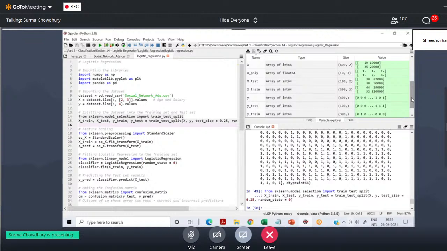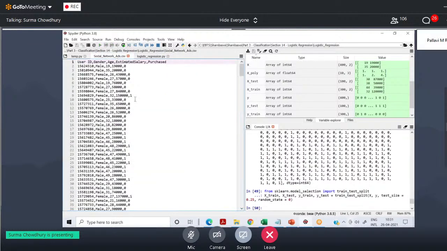Now, in this case, do I have to do any feature scaling? Do I have to do feature scaling? Guys, is it required or not?